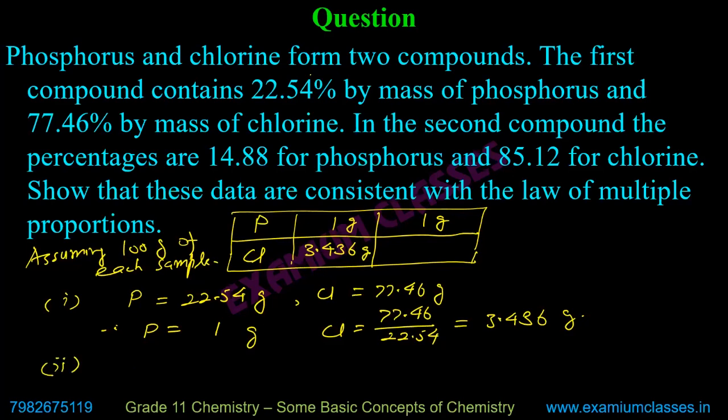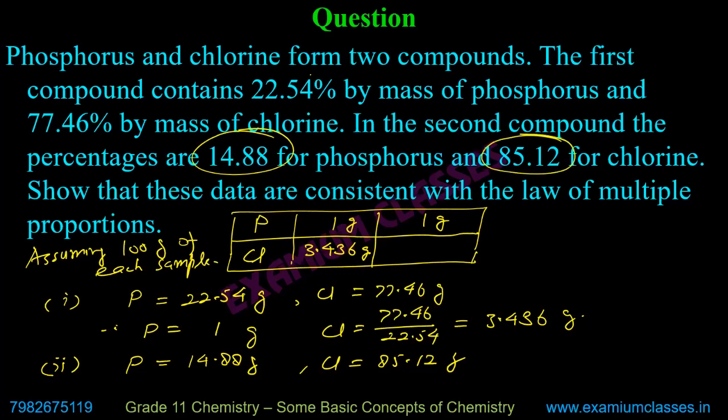In the second case, phosphorus is given 14.88 gram, chlorine is given 85.12. These are percentages out of 100, so we have assumed 100 gram. Hence, for 1 gram, chlorine will be 85.12 divided by 14.88.